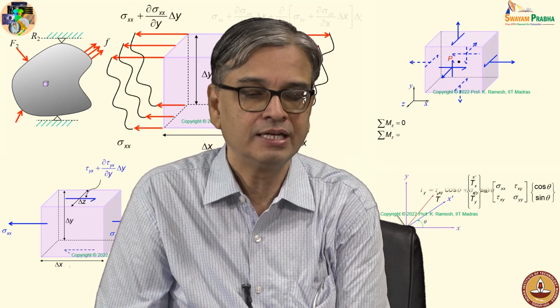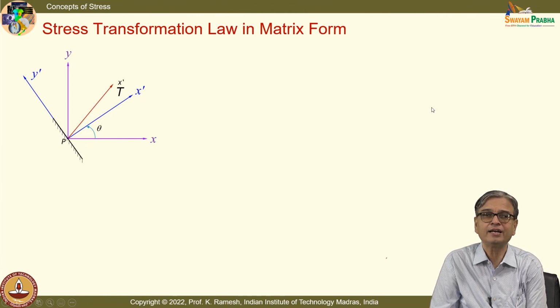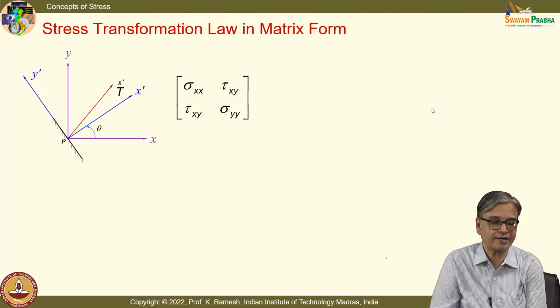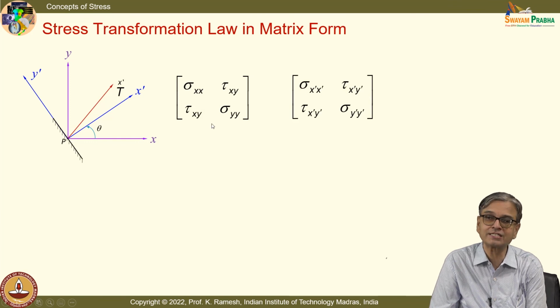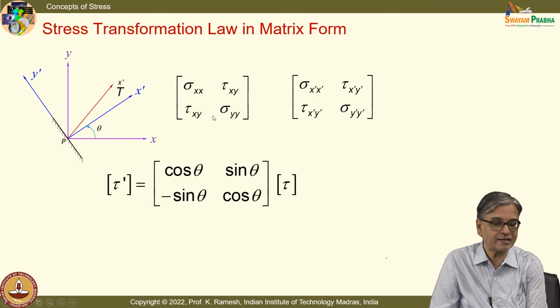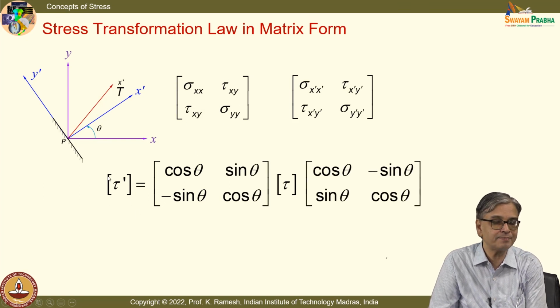Okay. This can also be written down in a different form. That is how in advanced studies people write it. I want to get from sigma xx, tau xy, sigma yy to sigma x prime, tau x prime y prime and sigma y prime y prime. And the complete matrix is usually represented simply as a tau matrix. So it is cos theta sin theta minus sin theta cos theta, tau, cos theta minus sin theta cos theta.